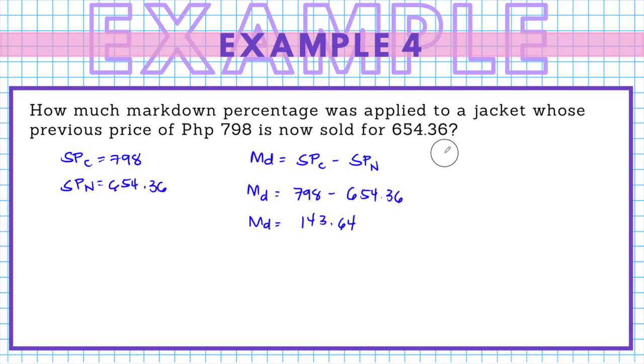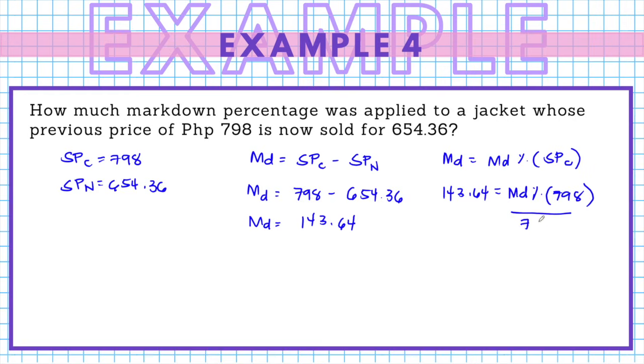Another formula for the markdown is the markdown percentage multiplied by the current selling price. Now, our markdown is 143.64, equal to the markdown percentage multiplied by 798. Now, to isolate our markdown percentage, we divide both sides by 798.